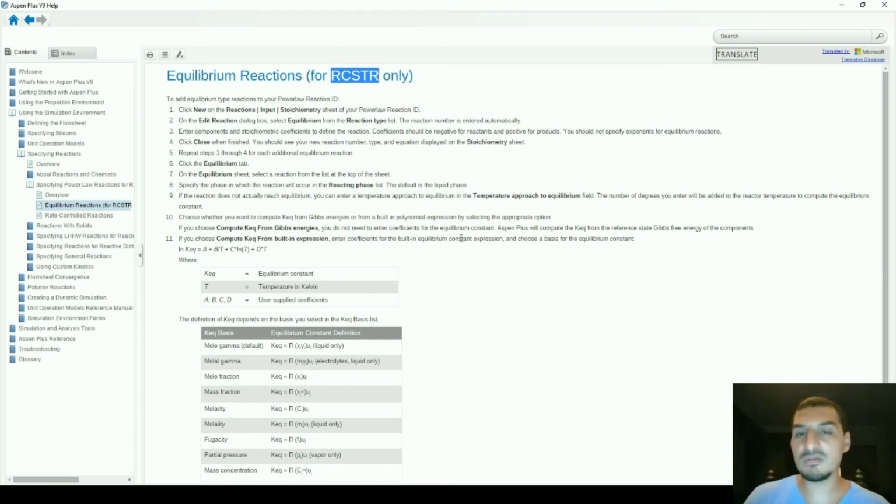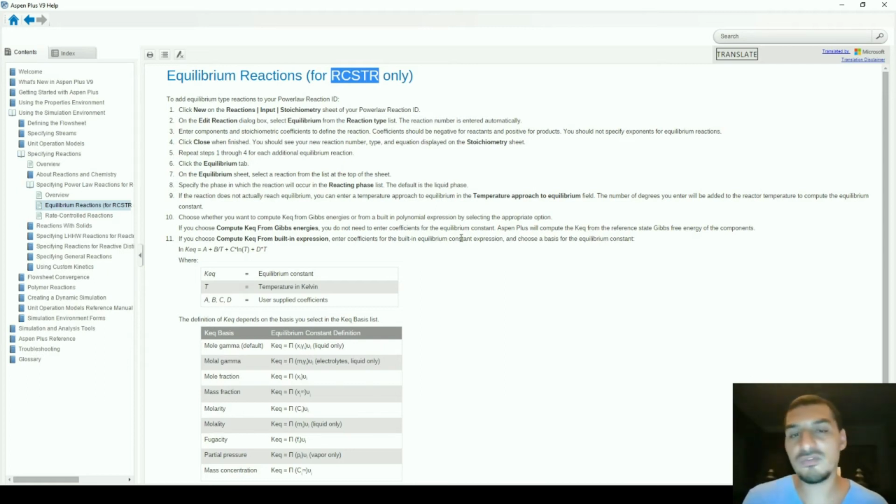So this can fit with, what was it, the lumped parameter system like a CSTR, but for a distributed parameter system like a PFR, it's not gonna work. The PFR is gonna be separated into parts, and each part is gonna be used to do the reaction and integration, and the output of the first part is gonna be used as the input to the second.